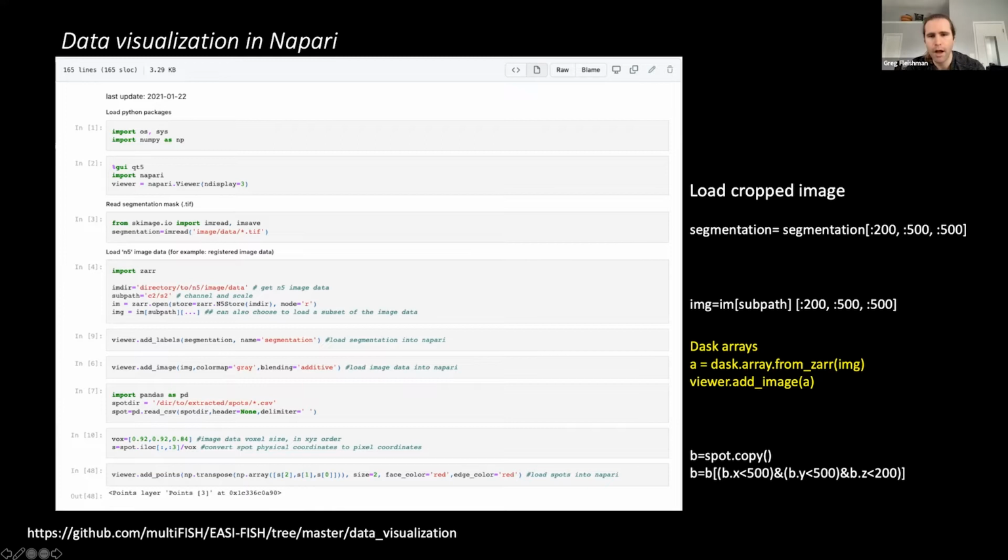Okay, cool. And then not in the notebook, but in the examples of how you crop and size your data to be loaded into Napari, the lines at the bottom, b equals spot.copy. At that point, is spot a pandas data frame? Yeah. And therefore b is also a pandas data frame, just a copy? Yeah. Okay. That's because I don't use those that often.